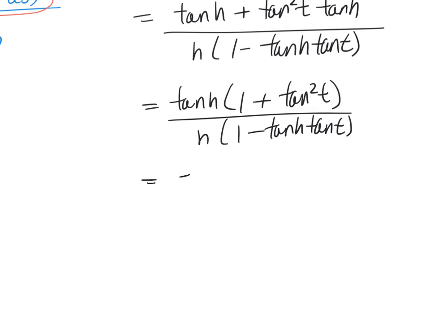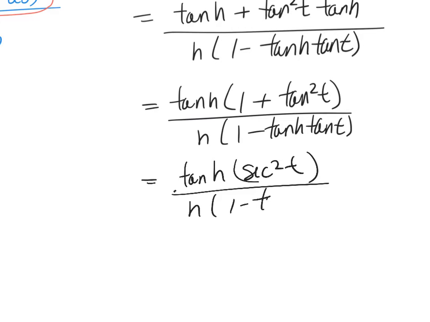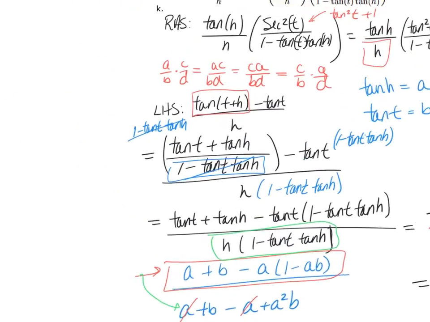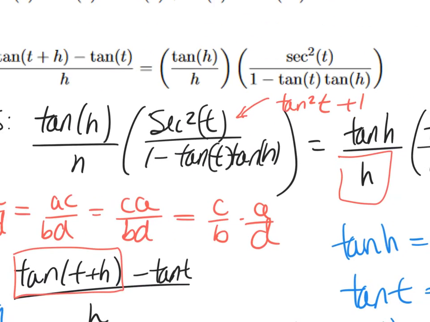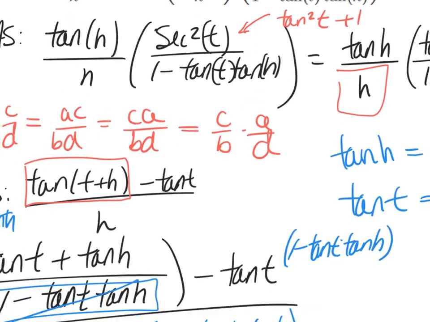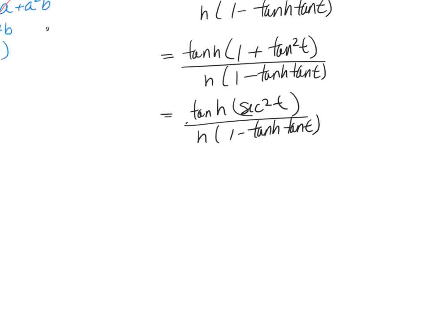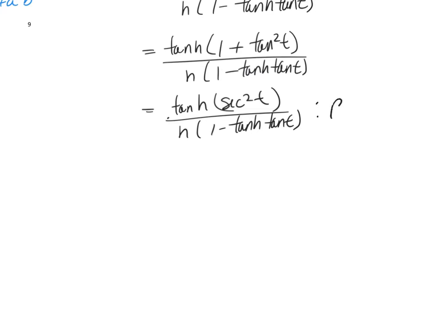So this is equal to the tangent of h, secant squared of t, all over 1 minus the tangent h, the tangent t, which is the right-hand side. So this equals the right-hand side.